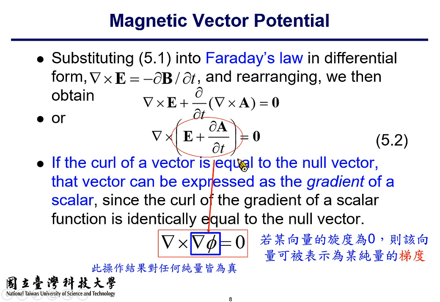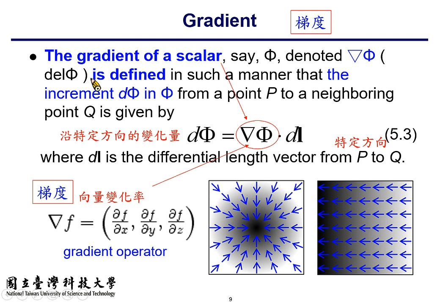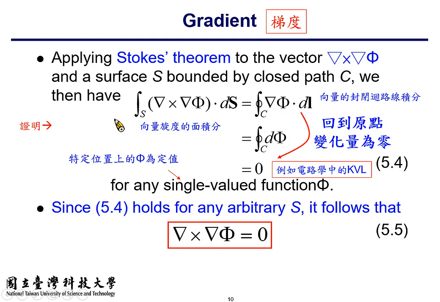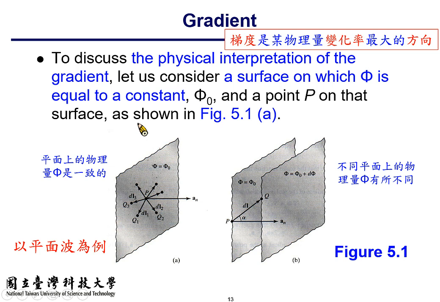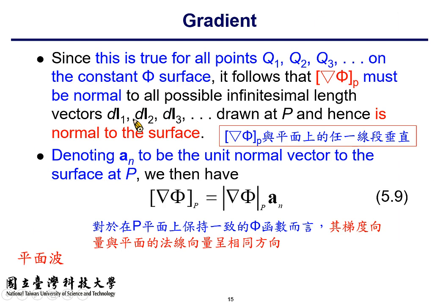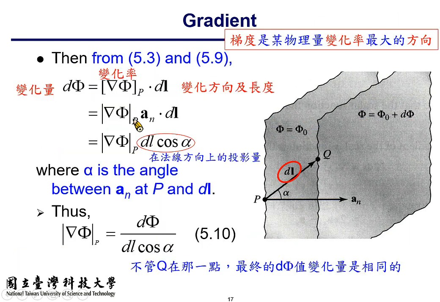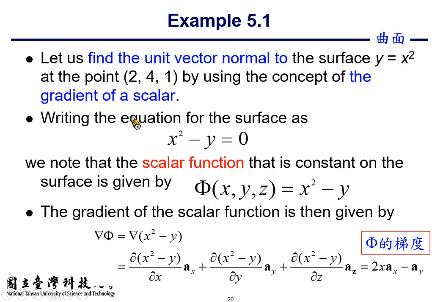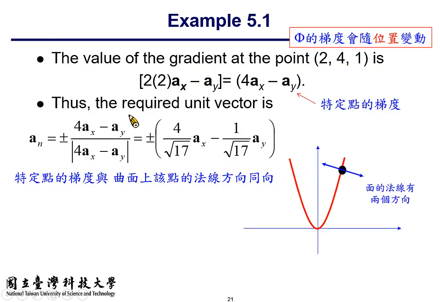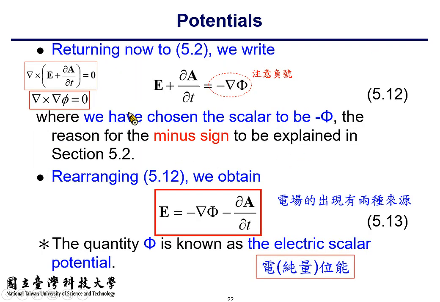Wait a moment, we will introduce the definition of the gradient operator, which will take more than a few slides. So before we do this, I would like to show this.